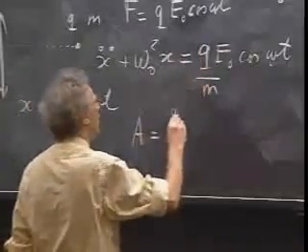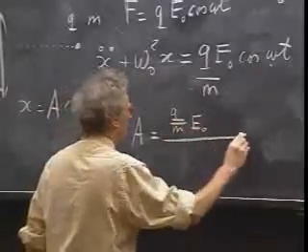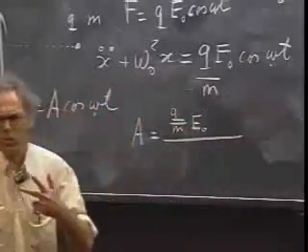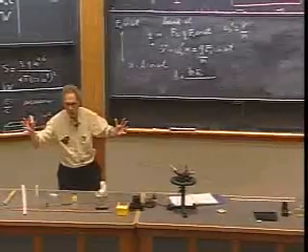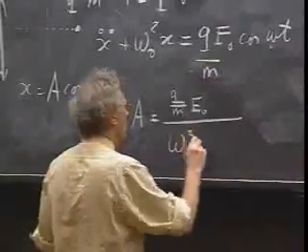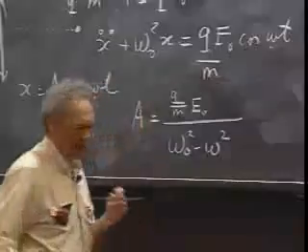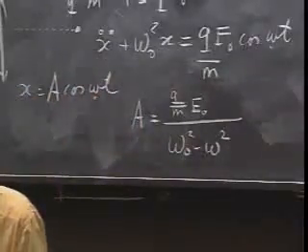This is always upstairs, remember, and then downstairs you get all that stuff, omega 0 squared minus omega squared plus omega squared gamma squared, but gamma is 0, so you have no damping, and so you get downstairs here omega 0 squared minus omega squared. So that is the amplitude of the oscillating electron.